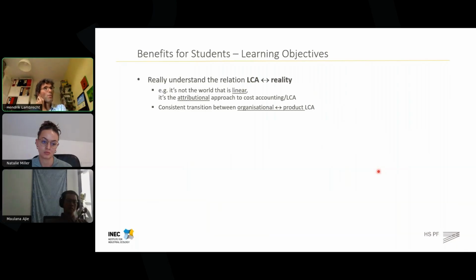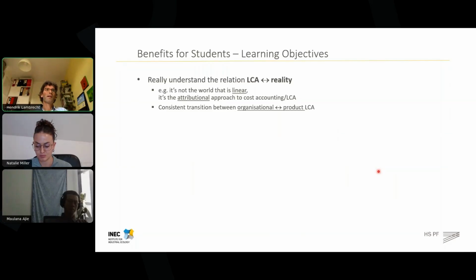So what are the benefits for students, or the learning objectives I pursue with my LCA courses using Umberto? Well, the most important point for me is I really want the students to understand the relation between LCA, which is an accounting perspective, and reality. Of course, the material flow model is not real as well. It's still a model, but I think it's a step in between.